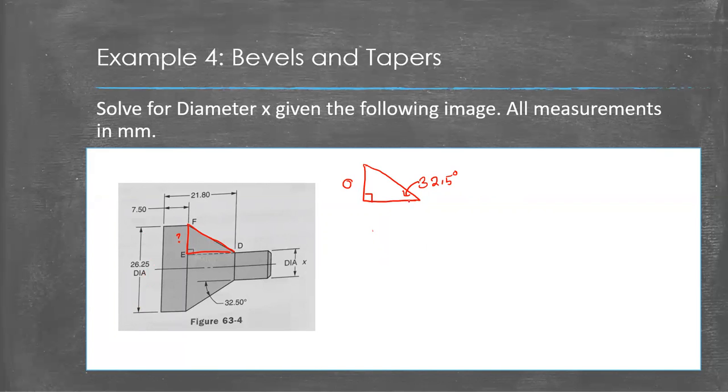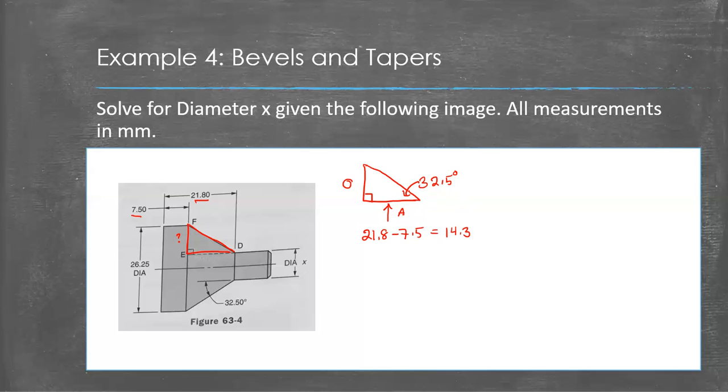The base here, I have some information I can use to calculate. To find this side, this is my adjacent, we're going to use this 21.8 and the 7.5. So I could do 21.8 minus 7.5, and that gives us a length of 14.3. You can keep the zeros on the end if you want, but sometimes it's easier when you're in the middle of your calculation to simplify a little bit.